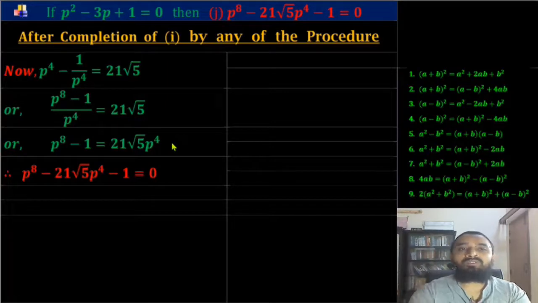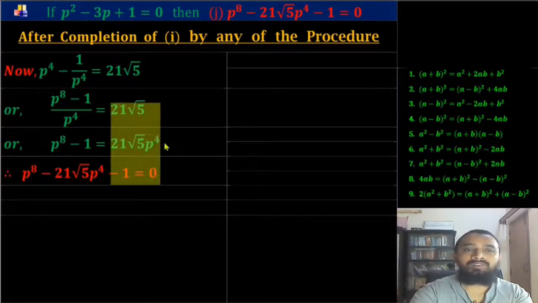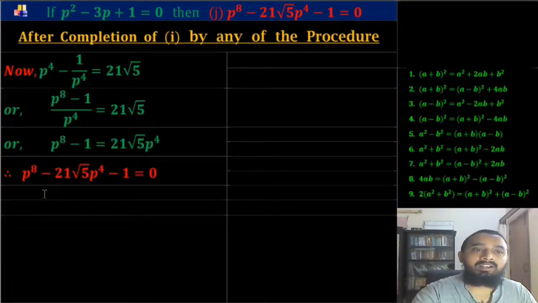So if we shift this portion onto the left hand side, the sign will be minus, as you can see with the red color portion. Therefore finally we're gonna get p to the power 8 minus 21 root over 5 into p to the power 4 minus 1 is equal to 0, which we were asked to show.